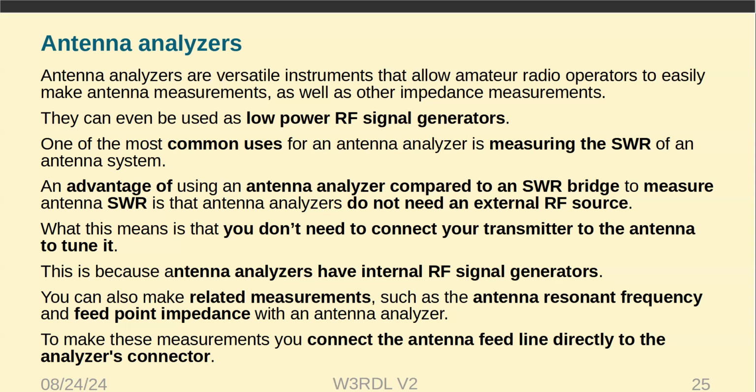Sometimes they'll display it in the normal Z equals R plus or minus JX form, so you can see what the real resistance is and what the reactance is. I think maybe some of them can do a time domain reflectometer mode, not all. You get what you pay for.